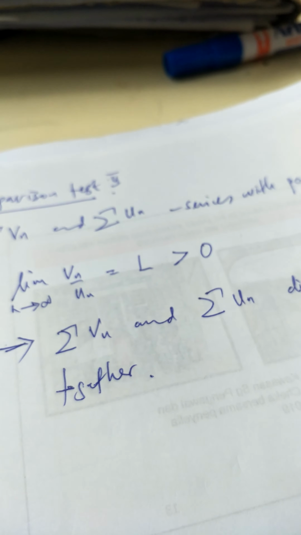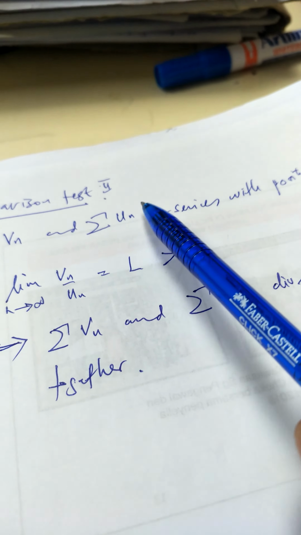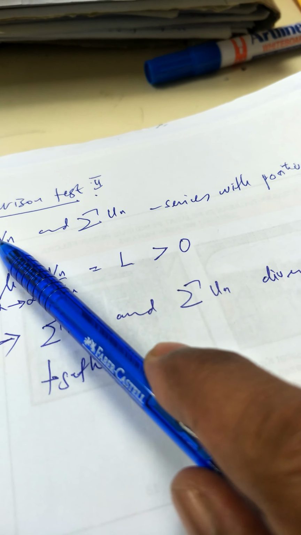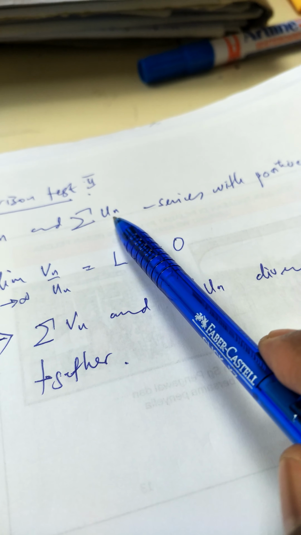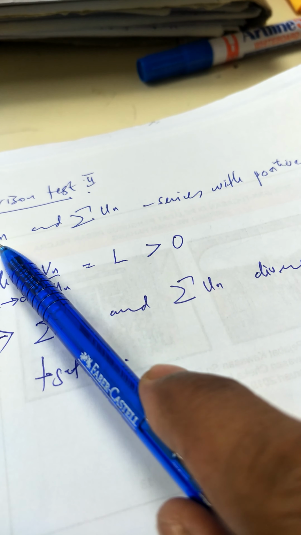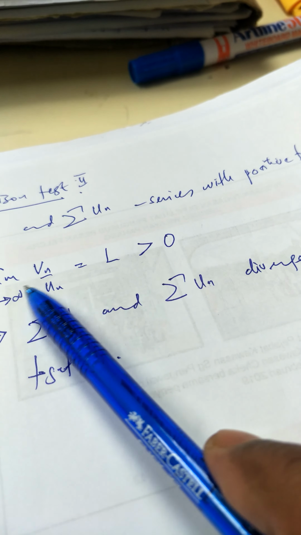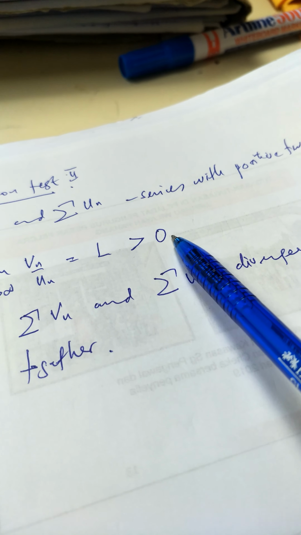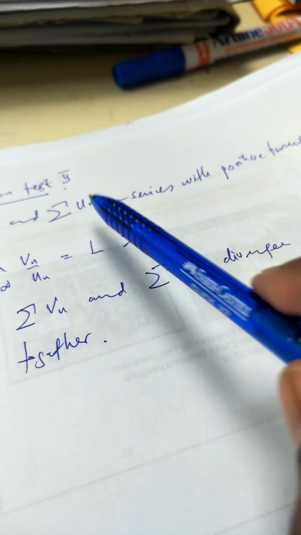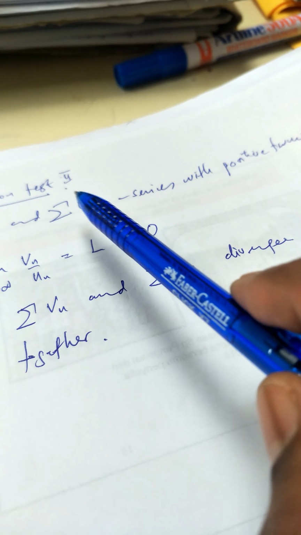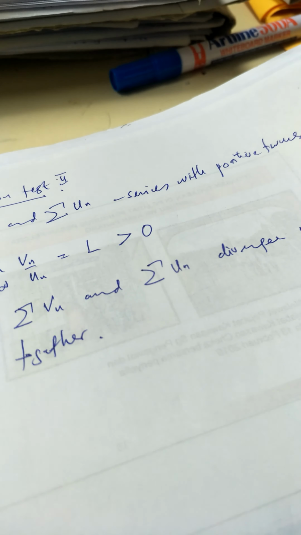What does it mean? Let's say we want to determine Un and we choose Vn. Un is the one that we want to determine, and Vn is the one that we choose. We take a limit, and if that limit is positive, then if the one we choose diverges, the one we want to determine also diverges.